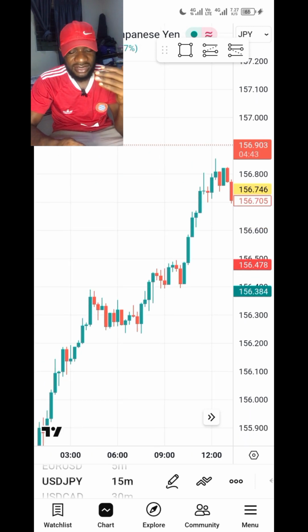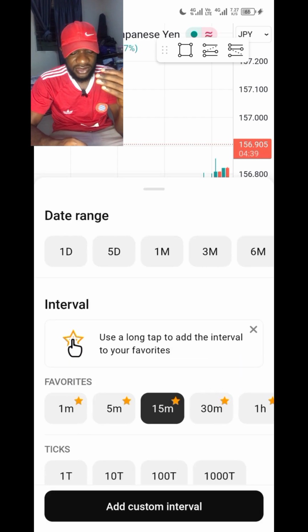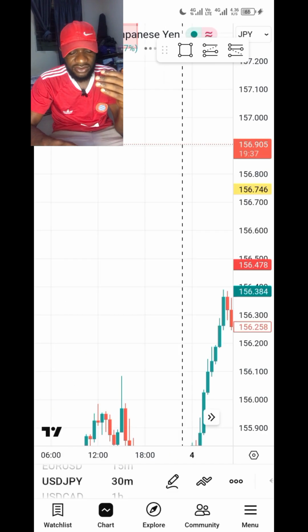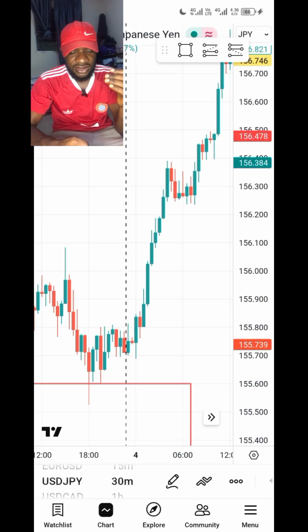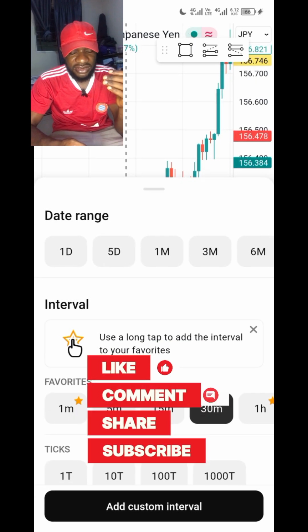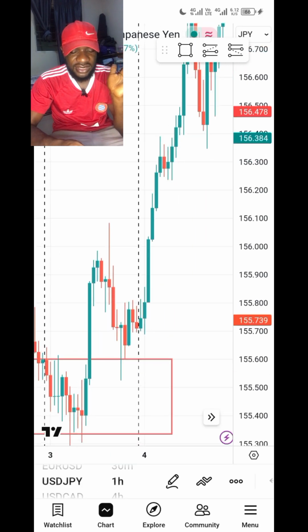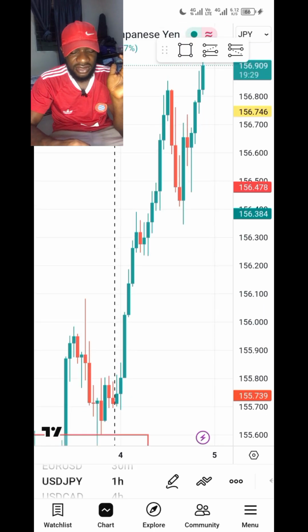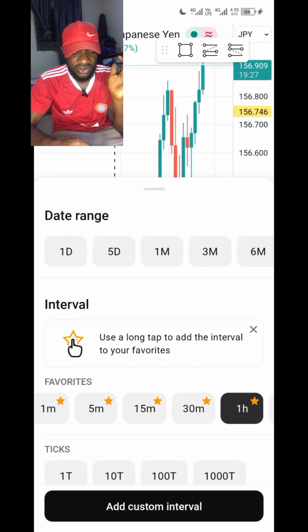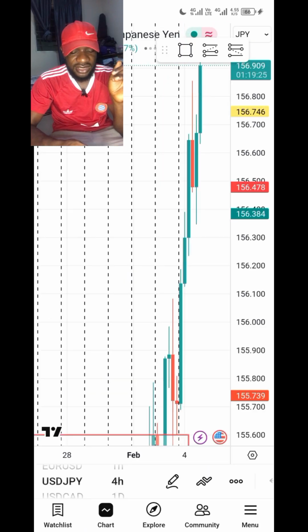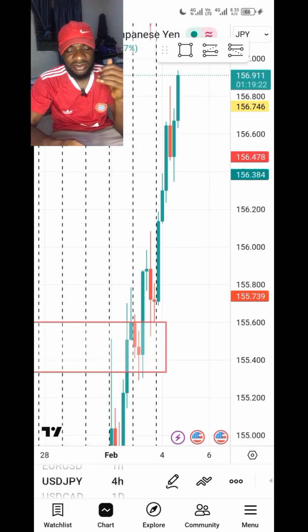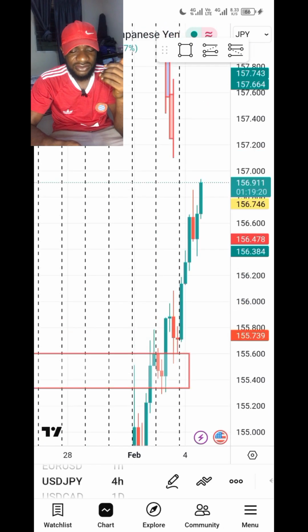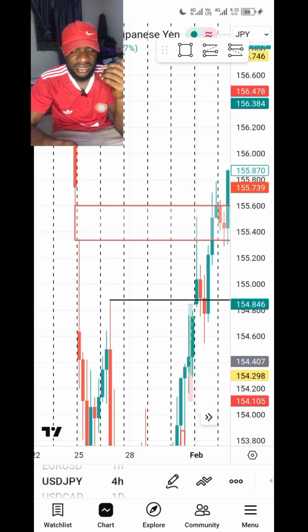This is a 15-minute time frame, this is a 30-minute time frame, an hour, 4-hour, you see the same candles. In a nutshell, all the candles are doing the same thing in all time frames.